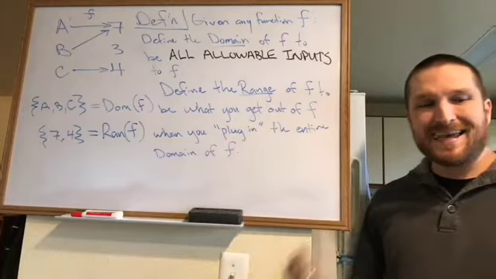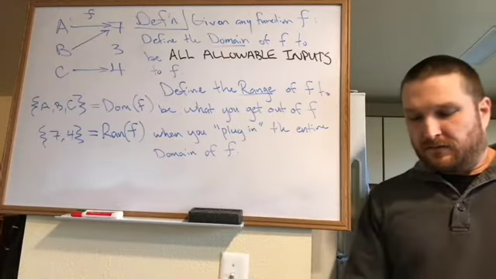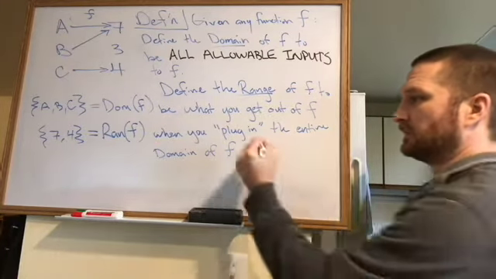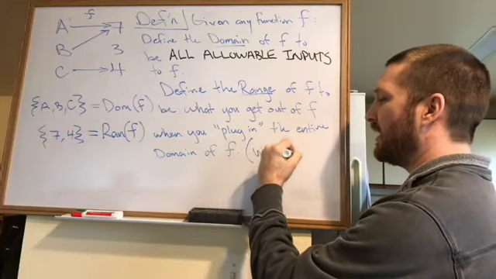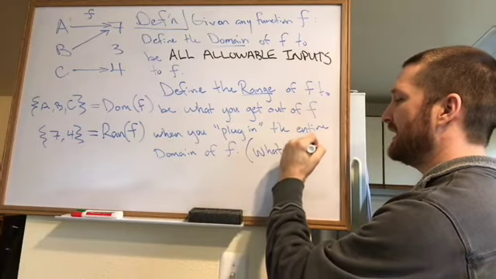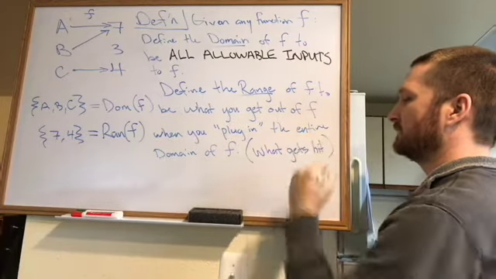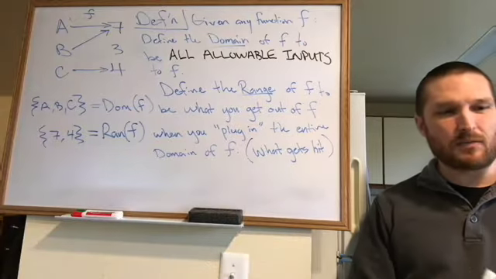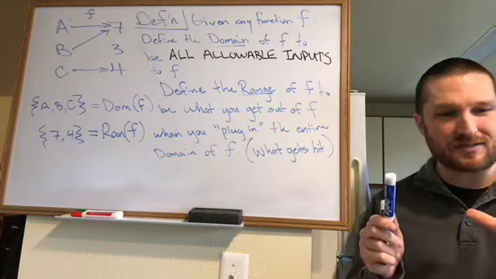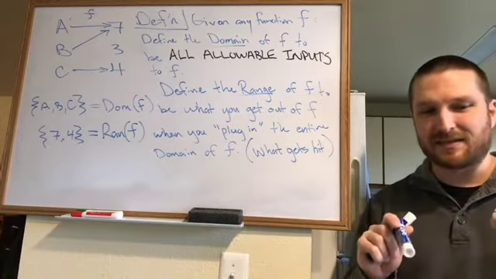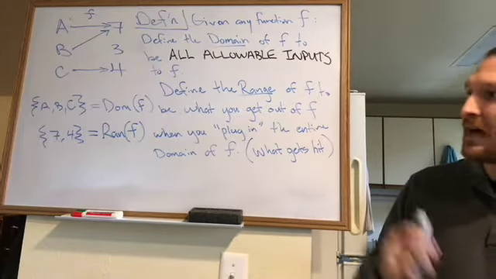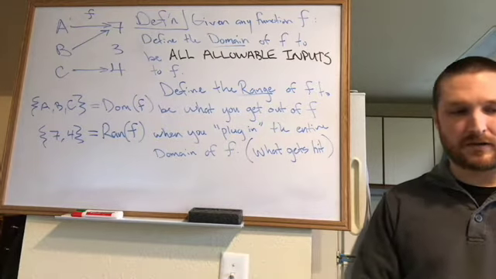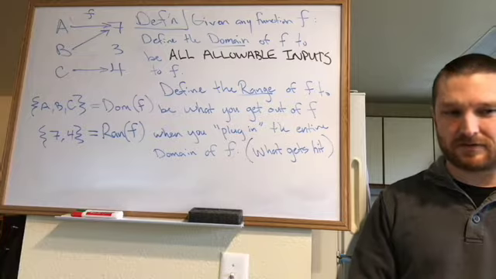So what gets hit? In fact, I'm going to say that a lot. What gets hit, and you'll see when we actually start graphing functions, this makes a lot of sense to say it this way. What gets hit when you plug in the entire domain? Okay, any questions thus far?